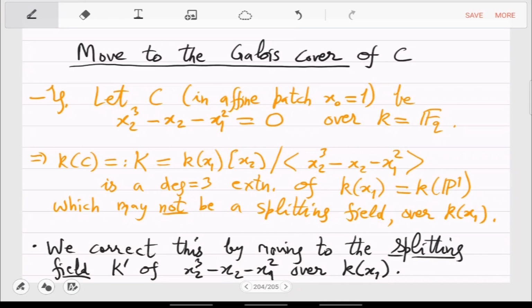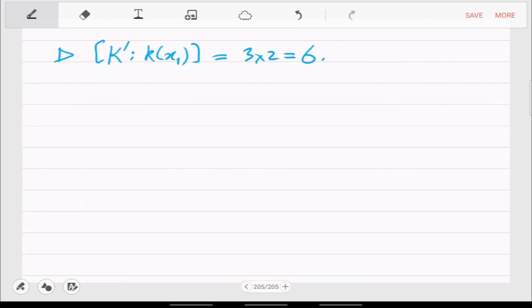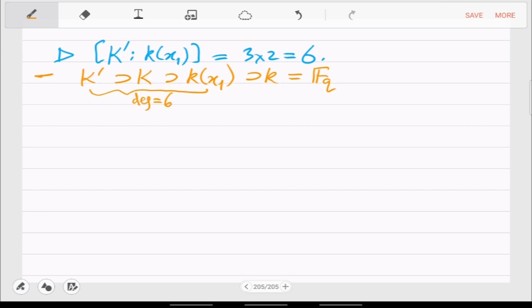So that would be the next reduction, which is of a more fundamental type. It's more geometric. So K prime contains k(x1), which contains K, which is equal to Fq, and this is degree 6, this was degree 3, and this is degree 2.